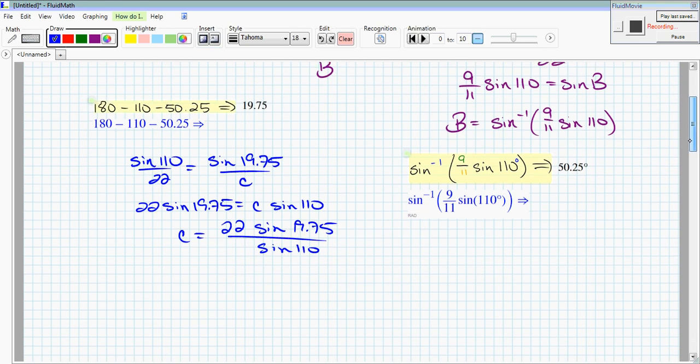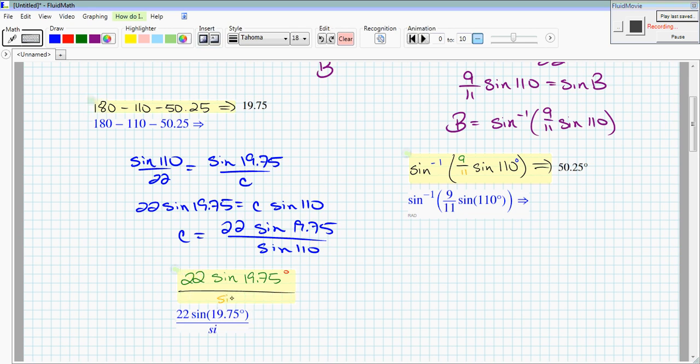Here's what we have. You would plug this into your calculator. We are in degree mode, so we would have the sine of 19.75 degrees, all divided by the sine of 110 degrees.